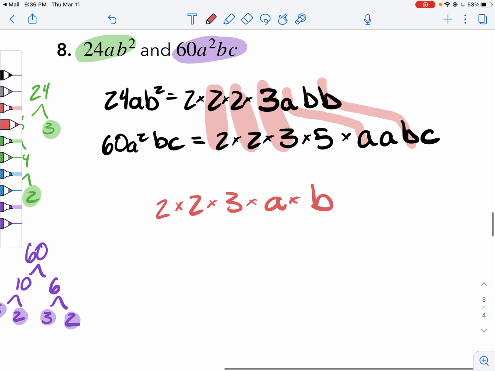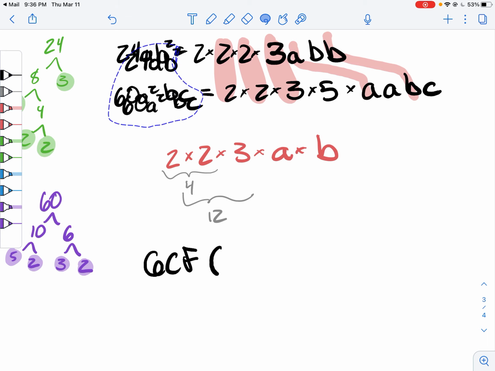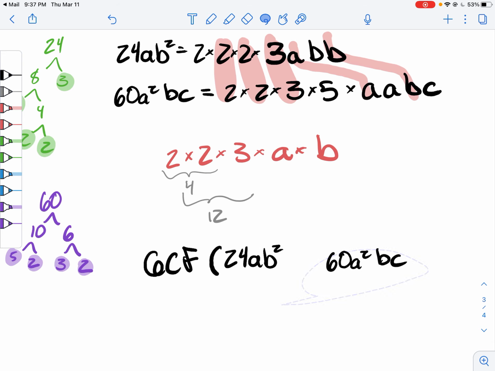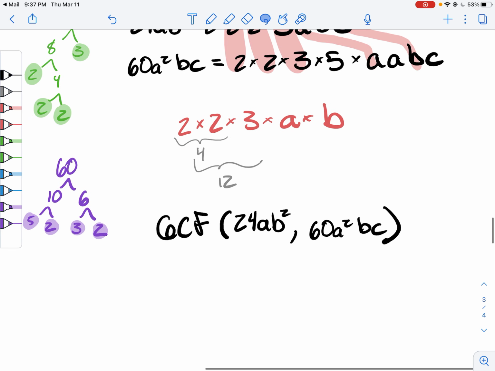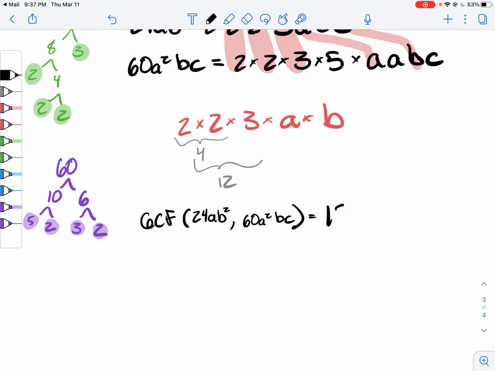So multiplying that all out, 2 times 2 is 4. 4 times 3 is 12. So we say the GCF, the greatest common factor of these two is going to take up more space than I have. 12ab.